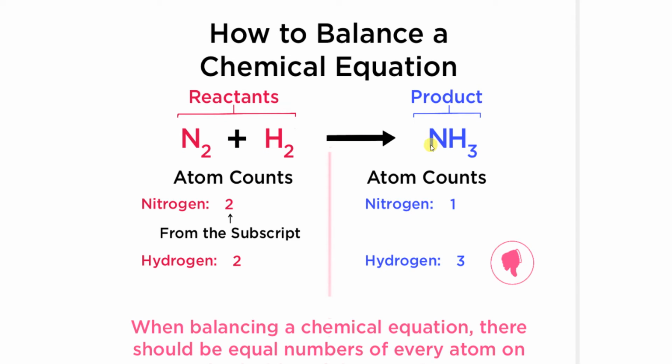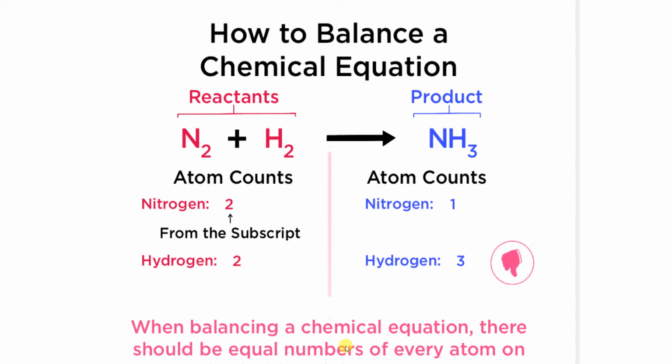After combining, 1 N is coming and 3 H is coming. So it is not balanced. Nitrogen is 2, hydrogen is 2, and in the product nitrogen is only 1, hydrogen is 3, so it is not balanced.